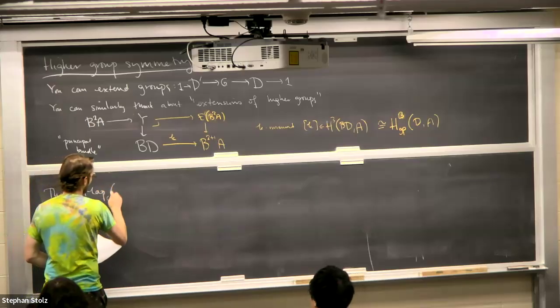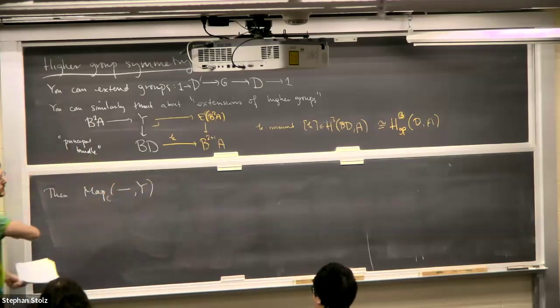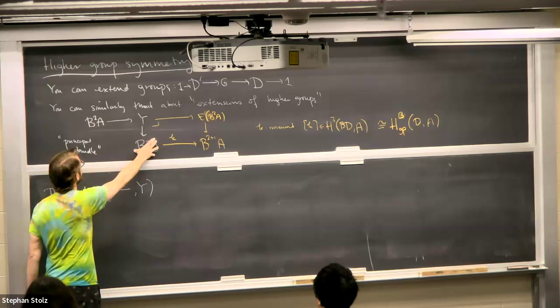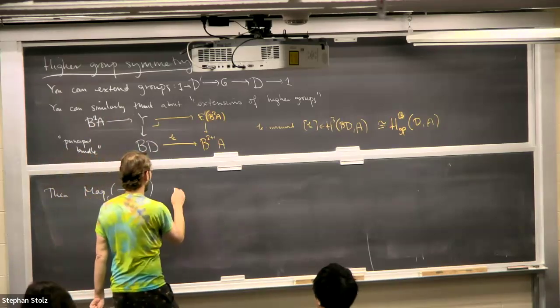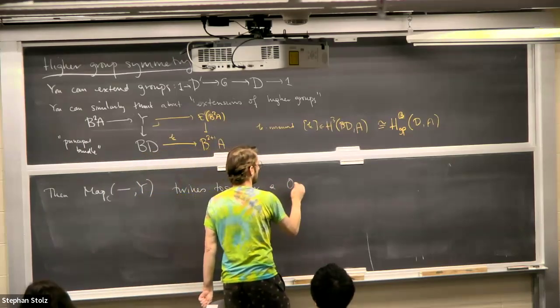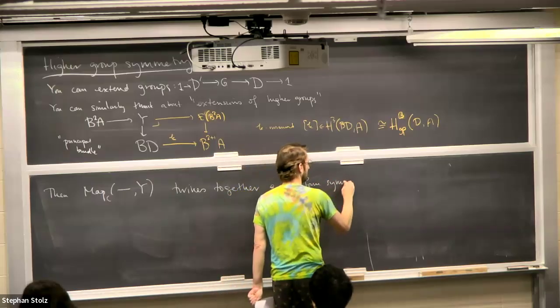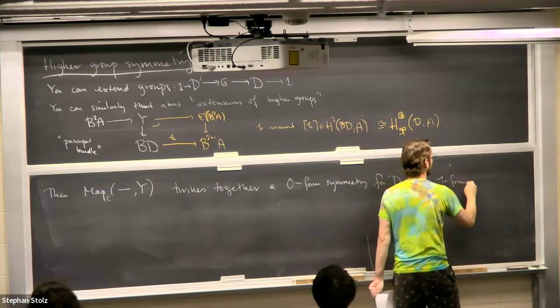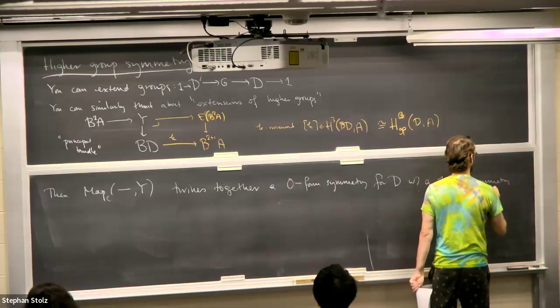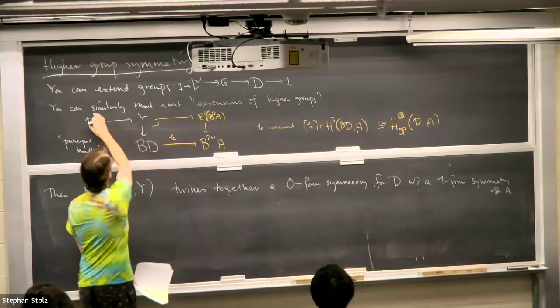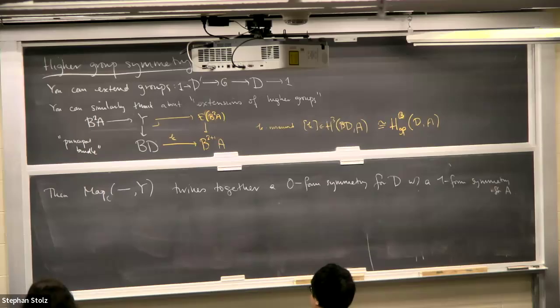If we think about maps into Y, we might view it as combining a 0 form symmetry for D with the 1 form symmetry for A. So it binds together a 0 form symmetry for D with a 1 form symmetry for A. Each of these spaces separately had some higher form symmetry. So this is an example of what they call a higher group symmetry.